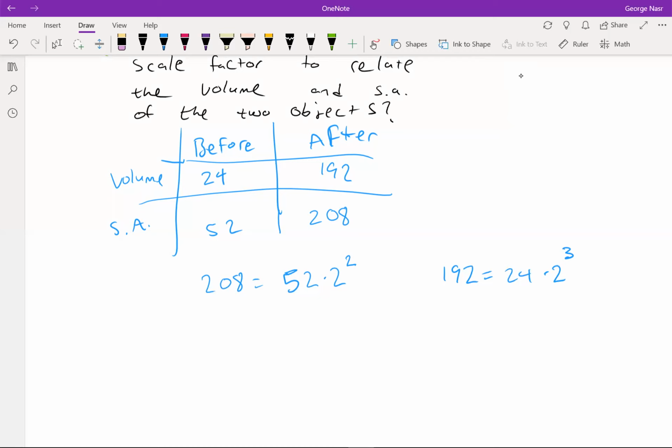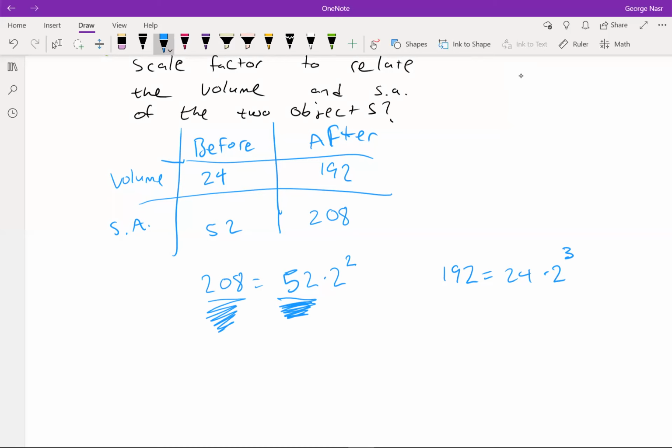And so notice this really interesting relationship: to go from the surface area of the original to the scaled version by a factor of 2, I don't multiply by 2 one time, I have to do it twice. And that 2 should feel right because we're talking about areas. Areas are like squared units, right?